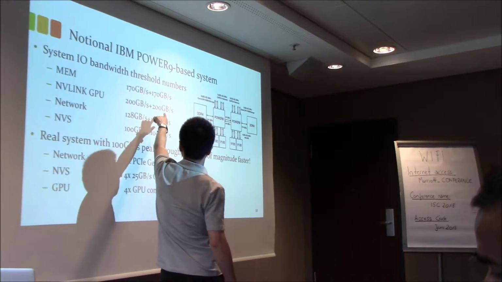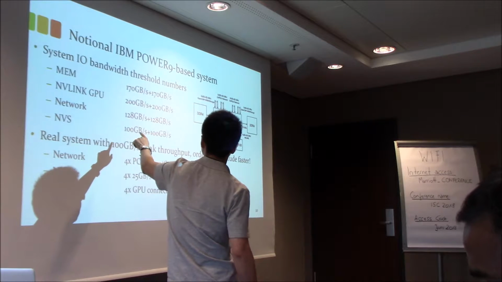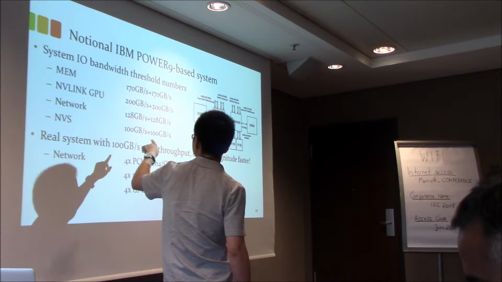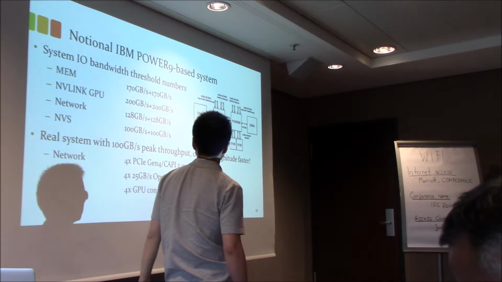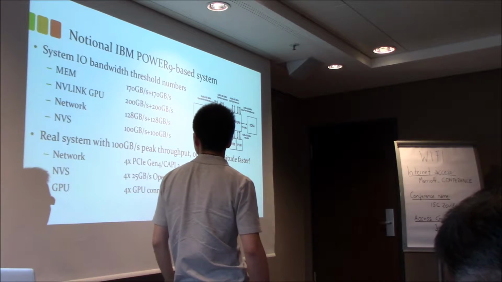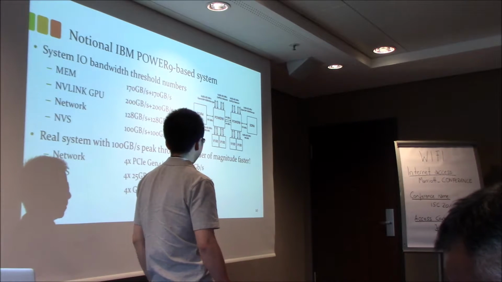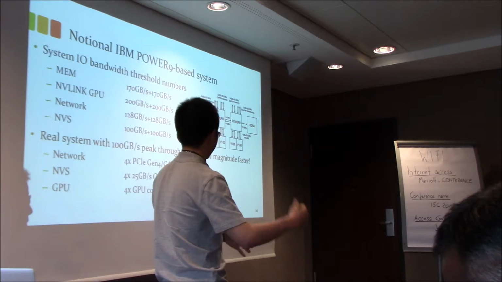This is the read plus write. For the network, it's 128 gigabytes, and non-volatile storage is 100 gigabytes. So this means we can configure a system with 100 gigabytes per second peak throughput.